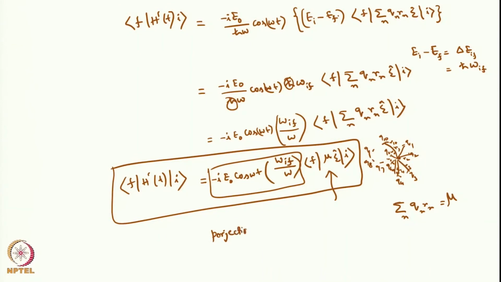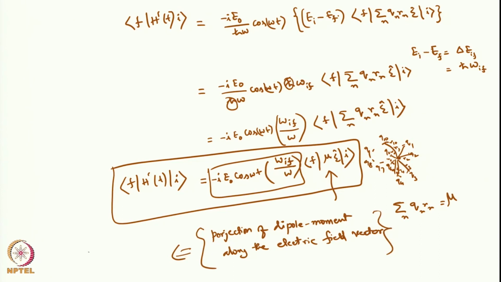So, this is nothing but the projection of the dipole moment along the electric field vector, and the projection of the dipole moment along the electric field vector determines the selection rules, and this will lead to selection rules.